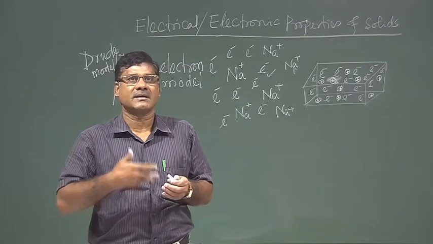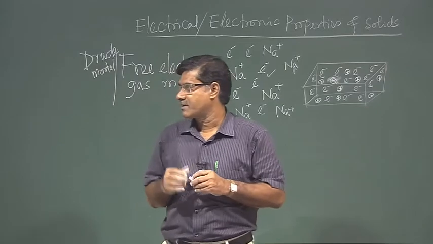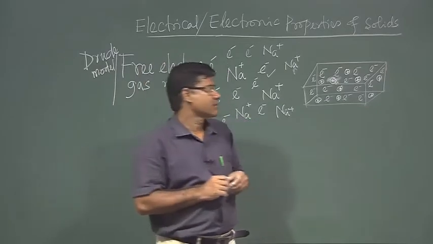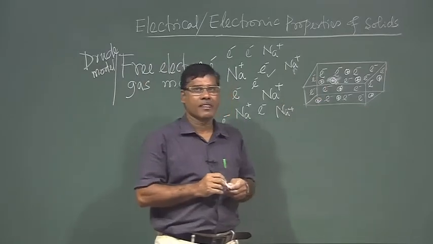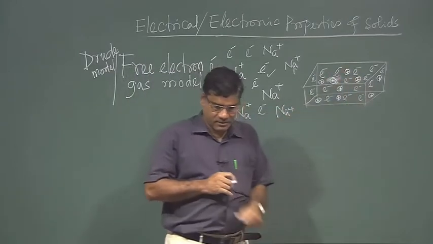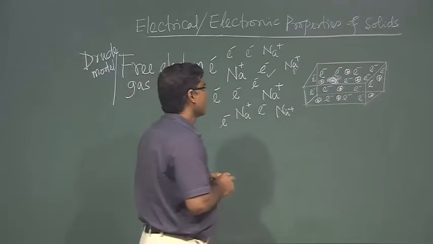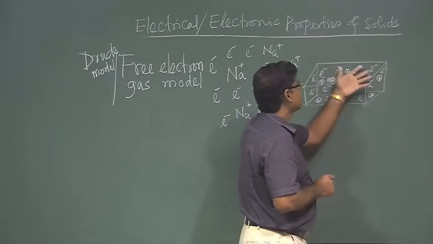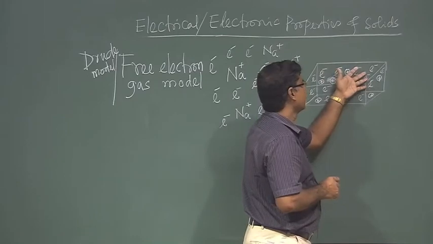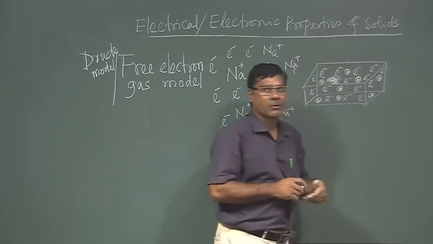If we increase the temperature of any material, metal, electrons emit. So, there is thermal emission, but at normal temperature the electrons are not allowed to go out and they do not go.